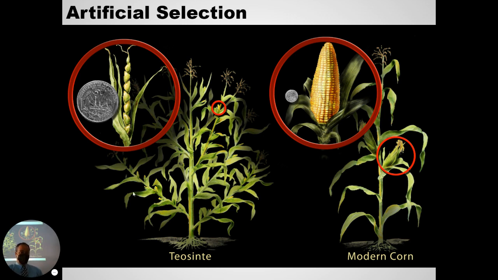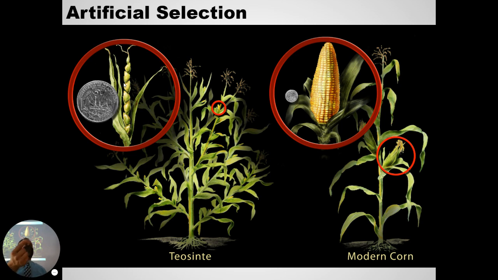When you look at the fruits of this teosinte, as it's called, these tiny little things, they don't look at all like corn. But at some point, 10,000 years ago, humans realized, well, these little fruits are edible.